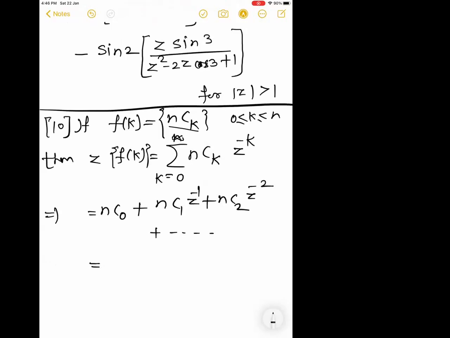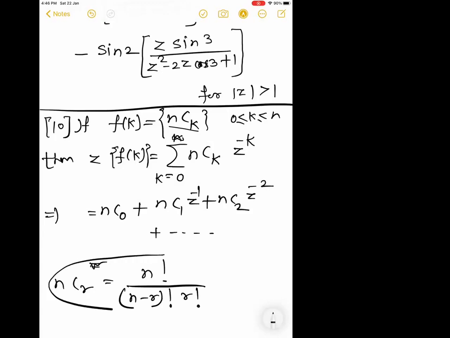What is NC0? You know the meaning: NCR is n factorial upon n minus r factorial into r factorial. This is the formula for the combination.